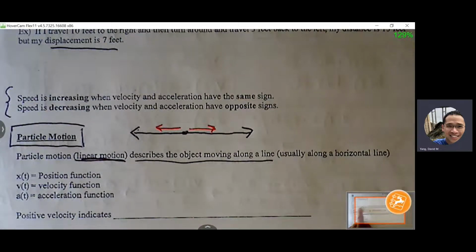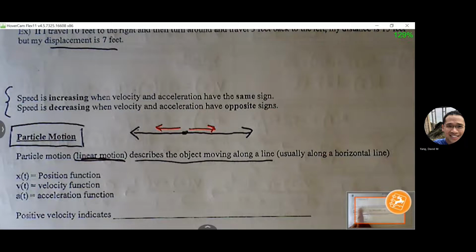So if velocity and acceleration are both positive, or if they're both negative, then we know the speed of this object is increasing. The flip side is that speed is decreasing when velocity and acceleration have different signs. It doesn't matter which one is which, but as long as one is positive and the other is negative, we know that object is slowing down. The speed is decreasing.